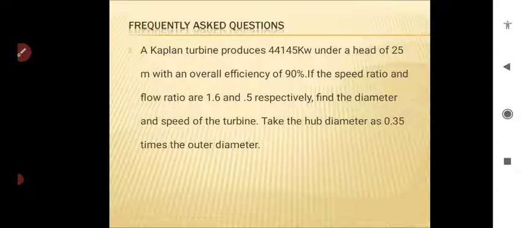If the speed ratio and flow ratio are 1.6 and 0.5 respectively, find the diameter and speed of the turbine. Take the hub diameter as 0.35 times the outer diameter.